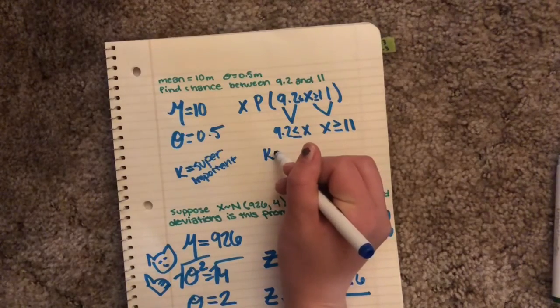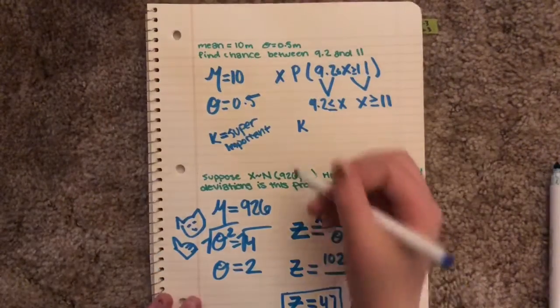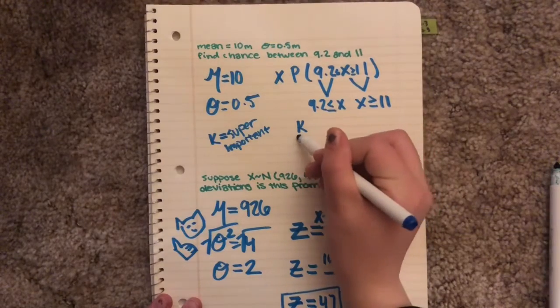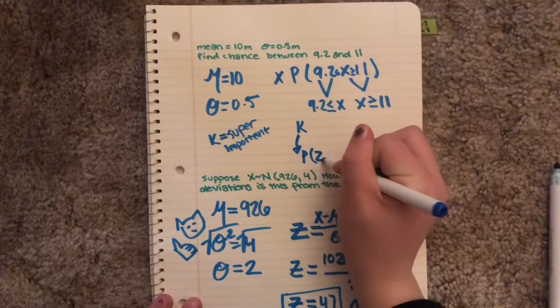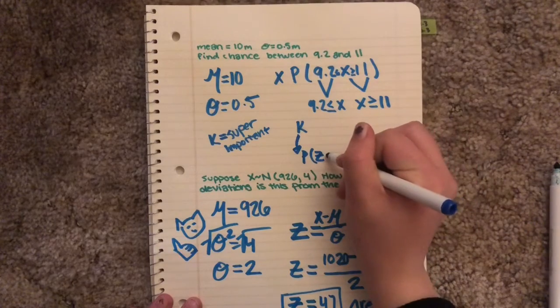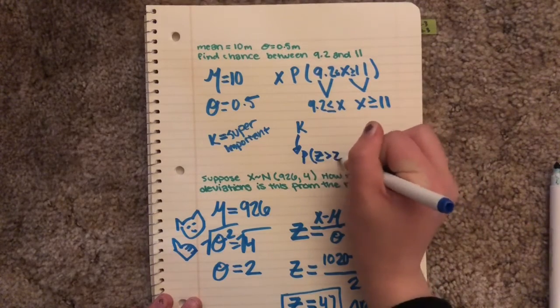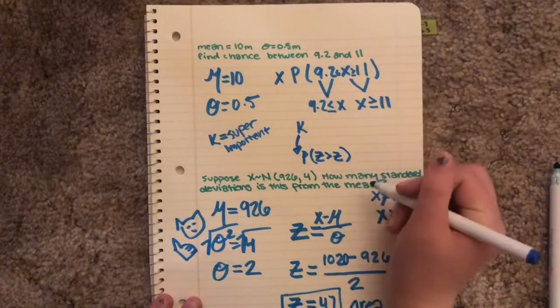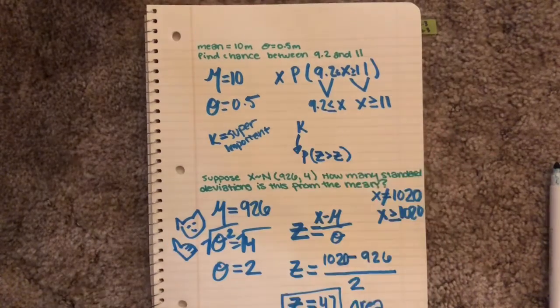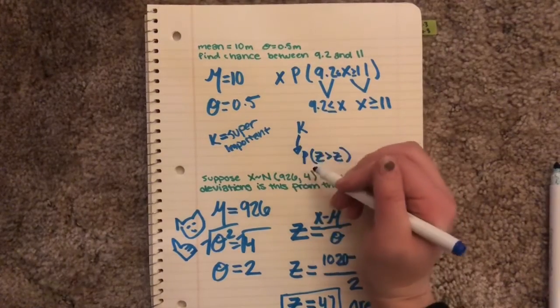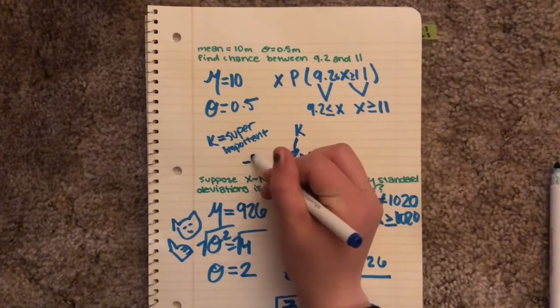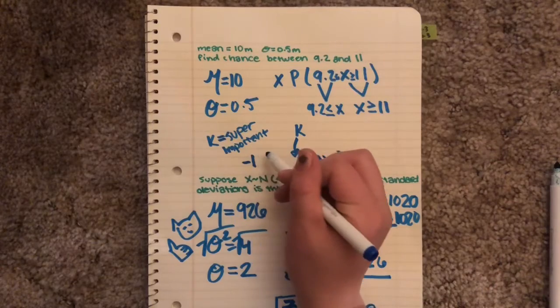So another really cool way that k can be written here is also as the probability that z is greater than z, or vice versa. You can change this to whatever allows for it. So basically what this is, is the inverse of z.